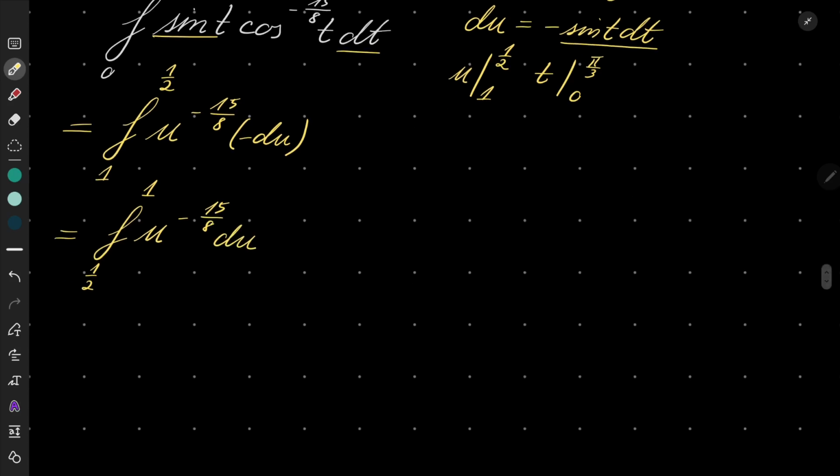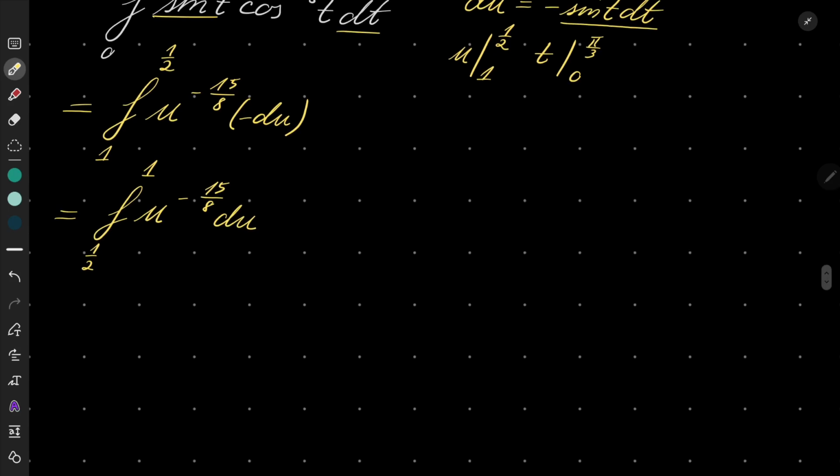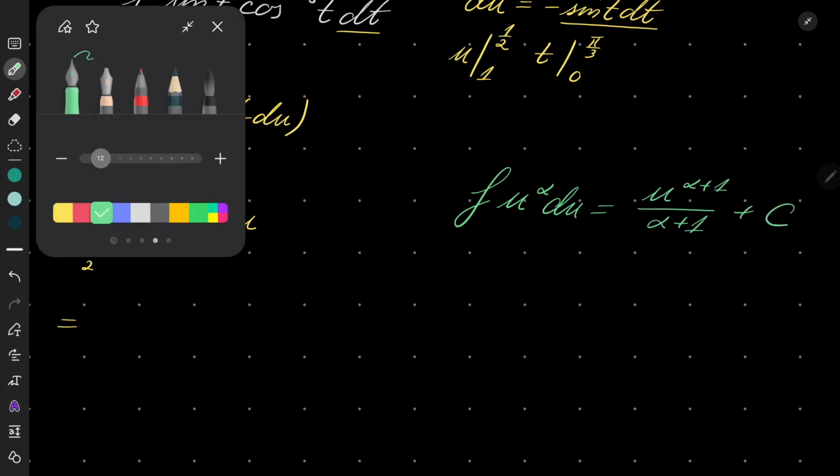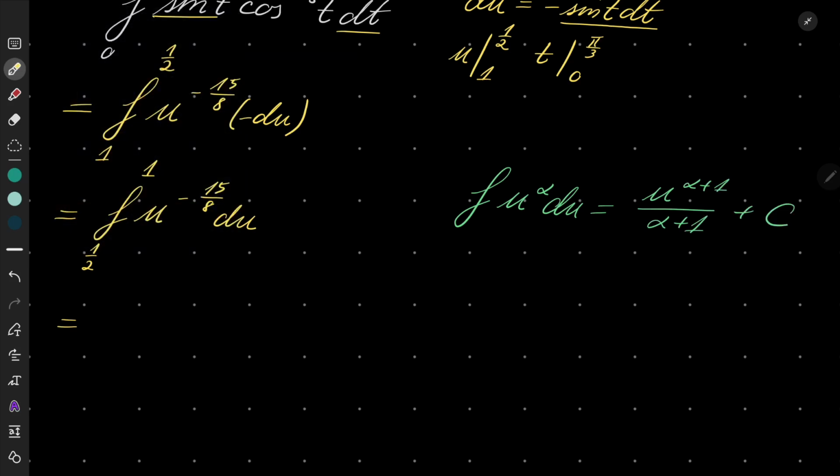And now I have an elementary integral. Remember that the integral of u to some power alpha du is u to the power alpha plus 1 over alpha plus 1 plus c. So this integral becomes u to the power minus 15 over 8 plus 1 over minus 15 over 8 plus 1, evaluated from 1/2 to 1.